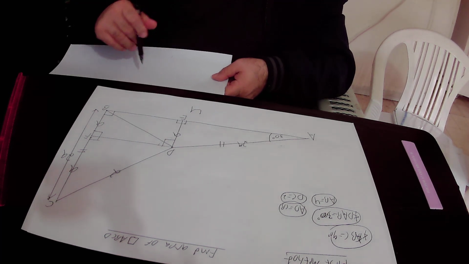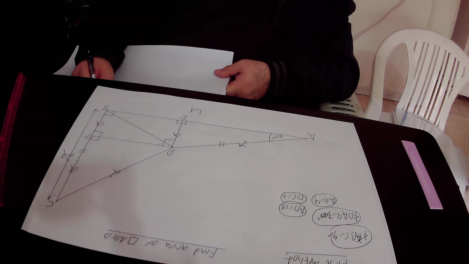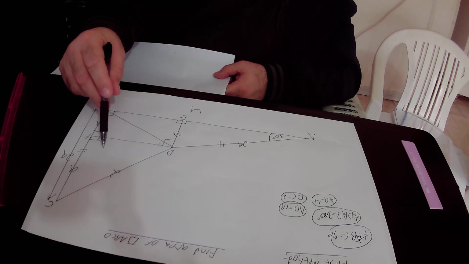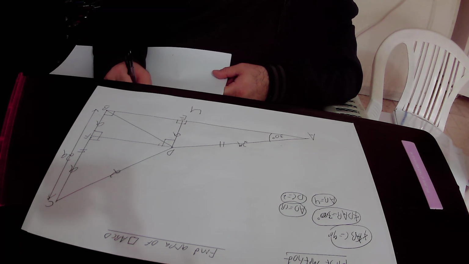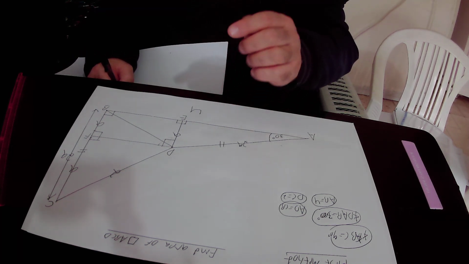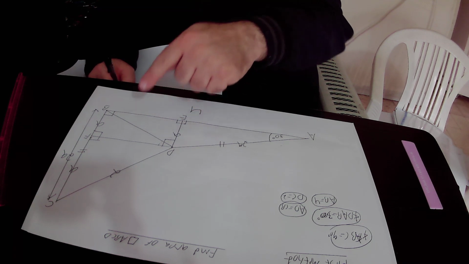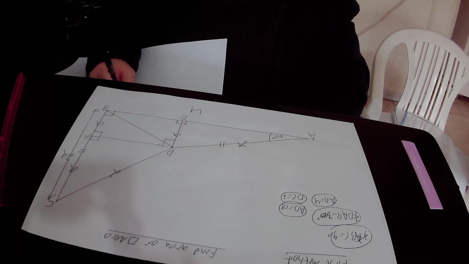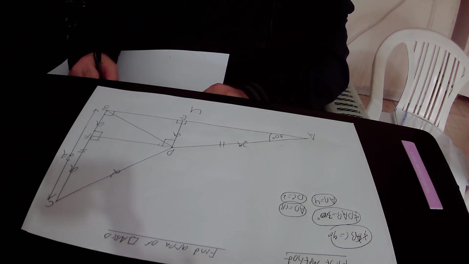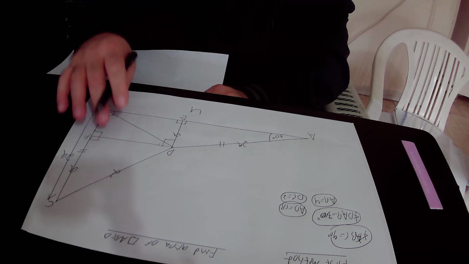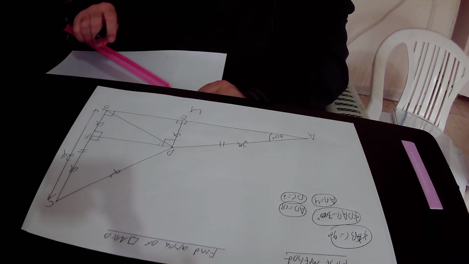We will prove that this triangle DFC is congruent to this triangle DBF. So why can those two triangles go into each other?